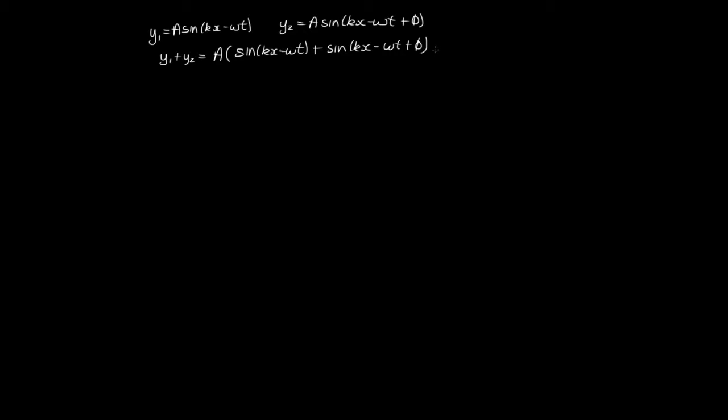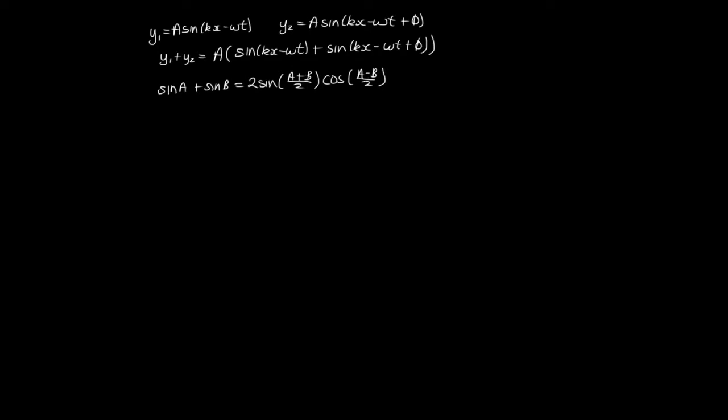Now, in order to add together these two sine functions, what we're going to need to do is use the trigonometric identity sin A + sin B is equal to 2 sin((A + B)/2) cos((A - B)/2).